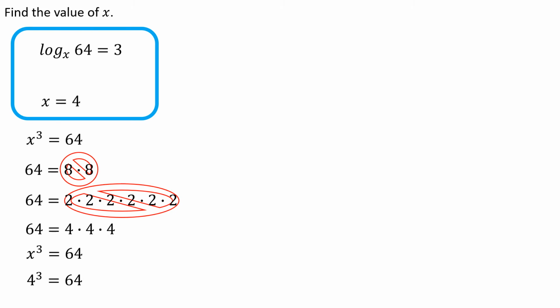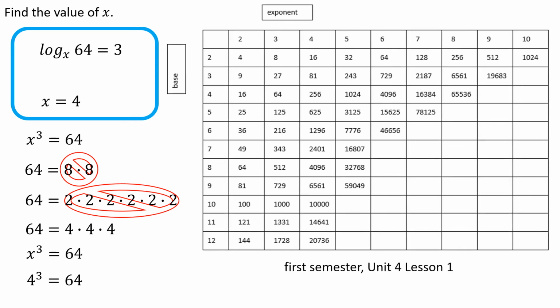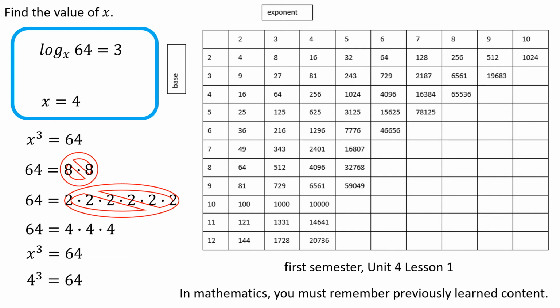so x is 4. Now, first slide, I alluded to Unit 4 that we did in first semester. And you might remember from Unit 4 in first semester, I gave you an exponential table where you've got the bases in the left-hand column and the exponents in the top row.